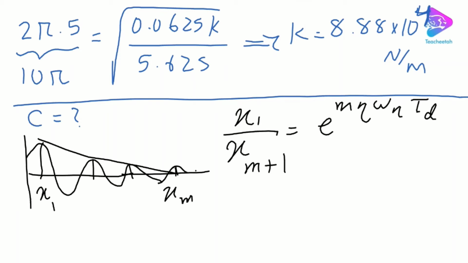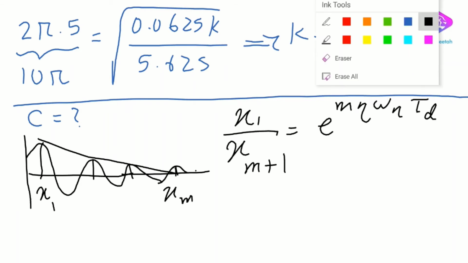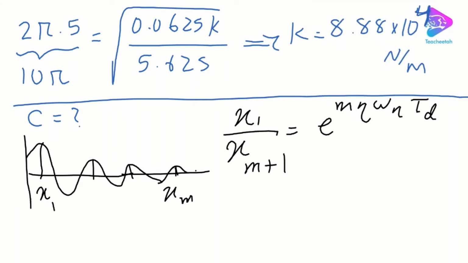This is the formula based on the logarithmic decrement, and it is very important to know and use when we have a practical case and want to estimate the behavior of the system. So this is the logarithmic decrement, right?